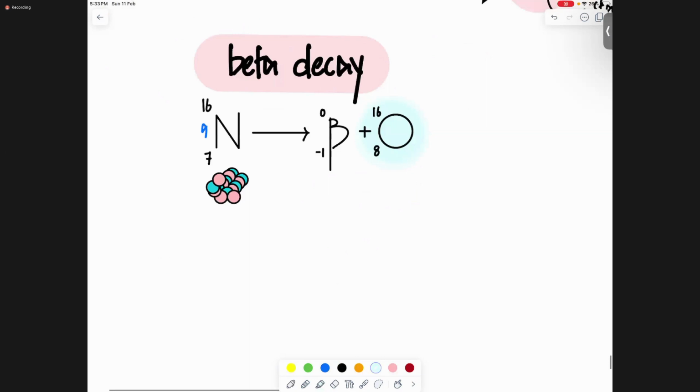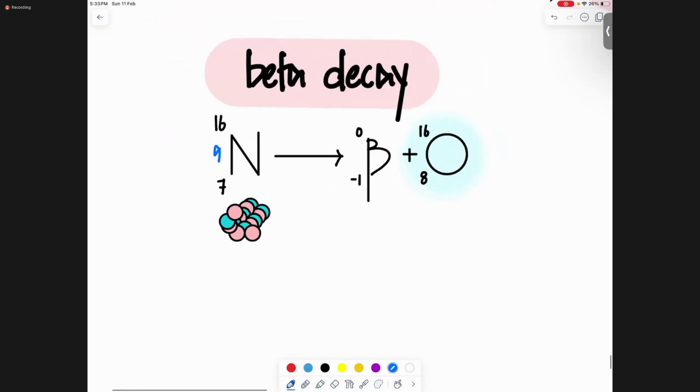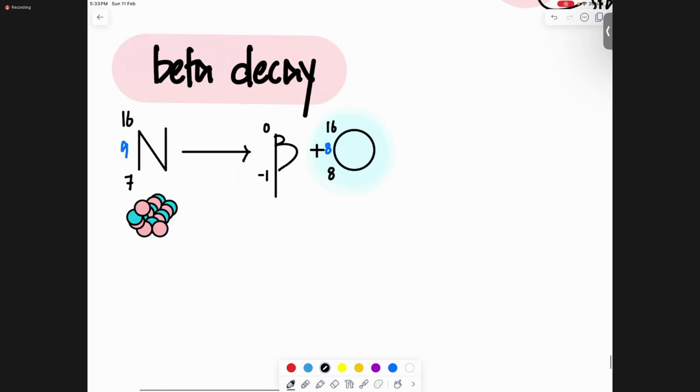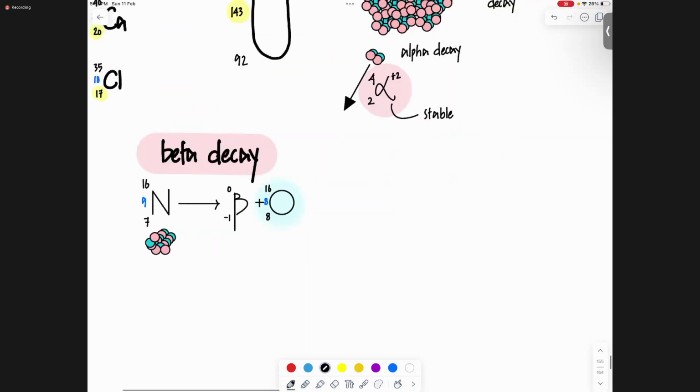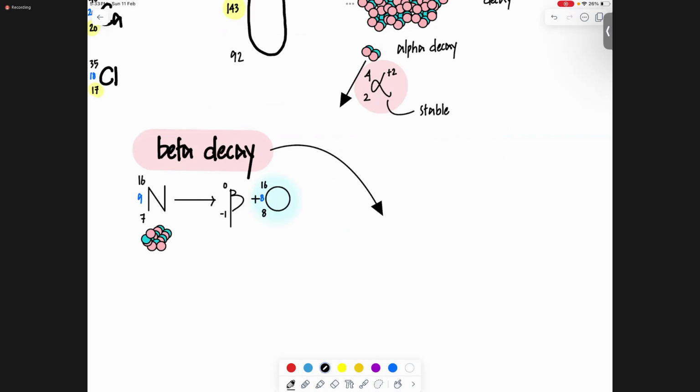What happened here? Let me explain. If you look at the numbers, it'll reveal what happened. You'll notice that oxygen now has 8 neutrons, but it has more protons. So beta decay is the process where a neutron breaks down into a proton plus an electron. It's a very unique interaction that takes place in the nucleus.